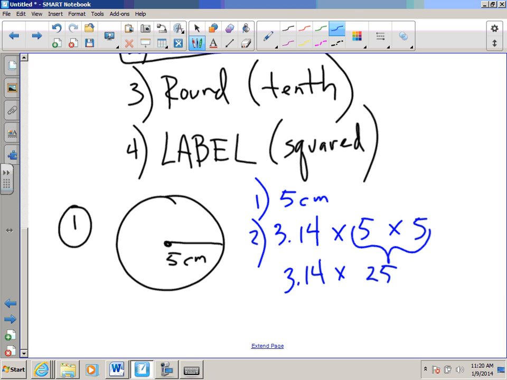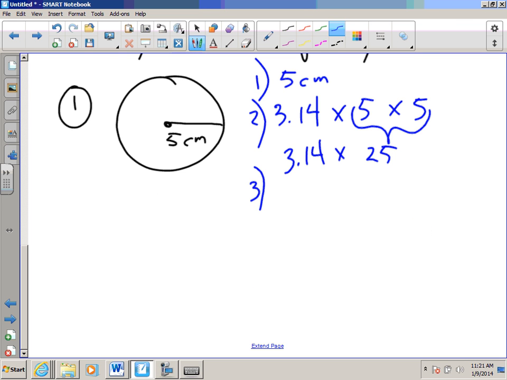Okay? So what is it that we get when we take 3.14 times 25? Without rounding. Don't round yet. Let's put it up here and then we'll round it. What do you got, Larissa? It's just 78.5? Okay.